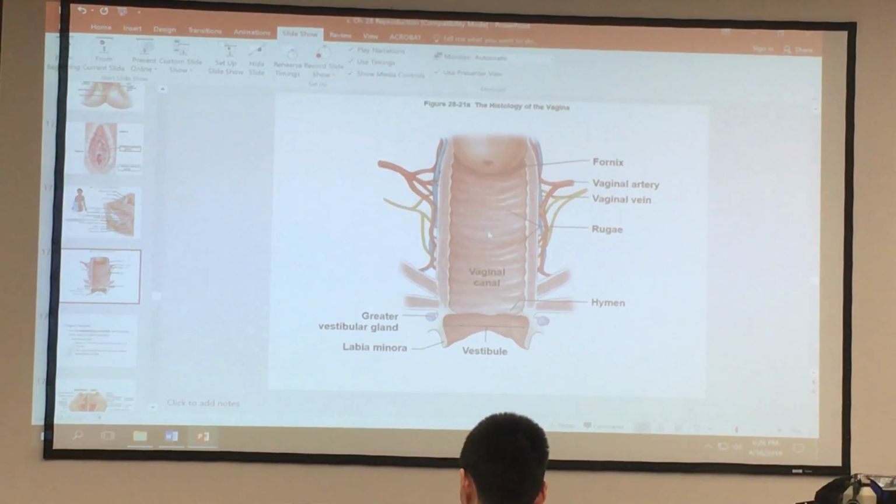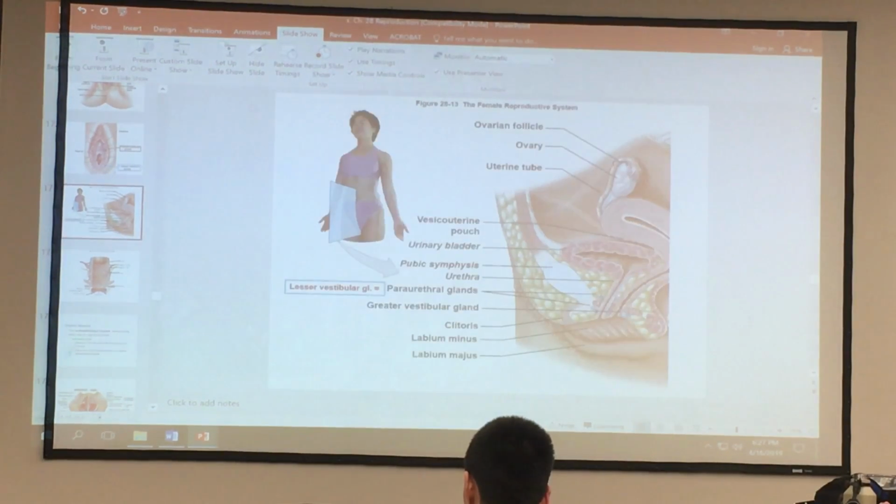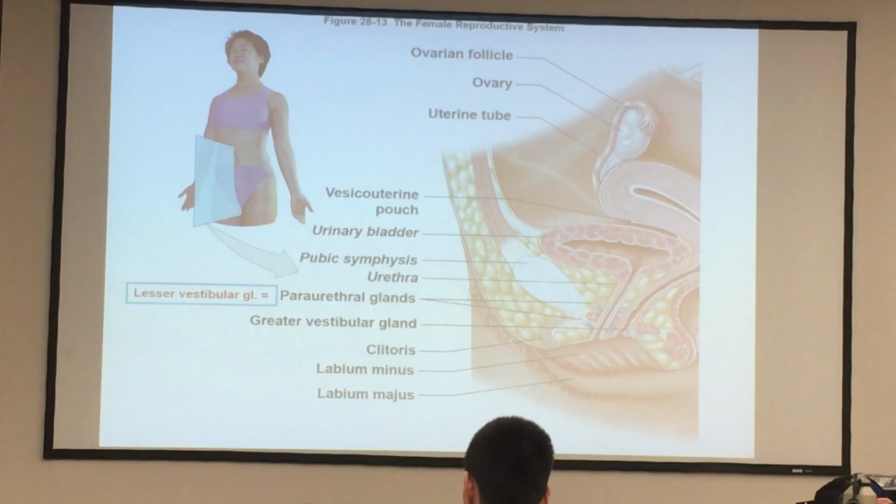And here's the vagina, the inner surface called rugae, just like the stomach. Here is the uterus, that's the cervix. Here is called the os, the hole here. And we do have a corner here, that's the fornix. The fornix creates a temporary accumulation of sperm during sexual activity.